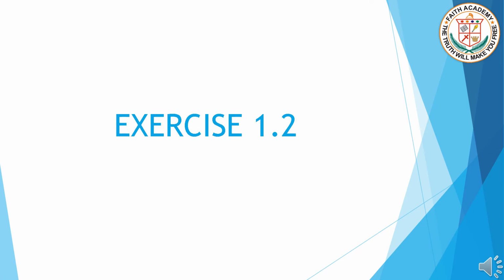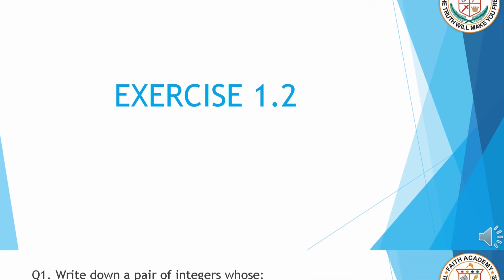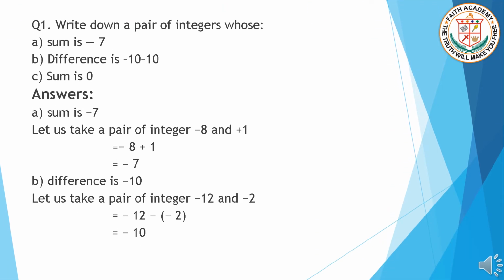Now children, let us start exercise 1.2. First question is similar to the example that we did. Now the question says write down a pair of integers whose sum is minus 7, difference is minus 10 and sum is 0. Let's look at the first question, first part, that is sum is minus 7.